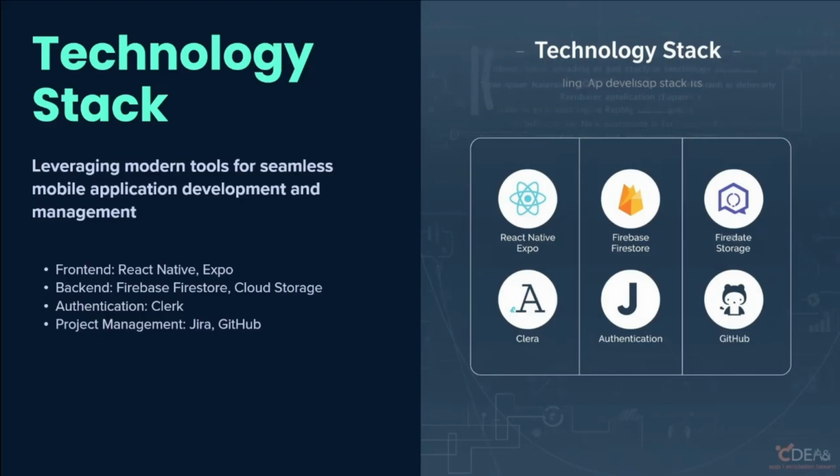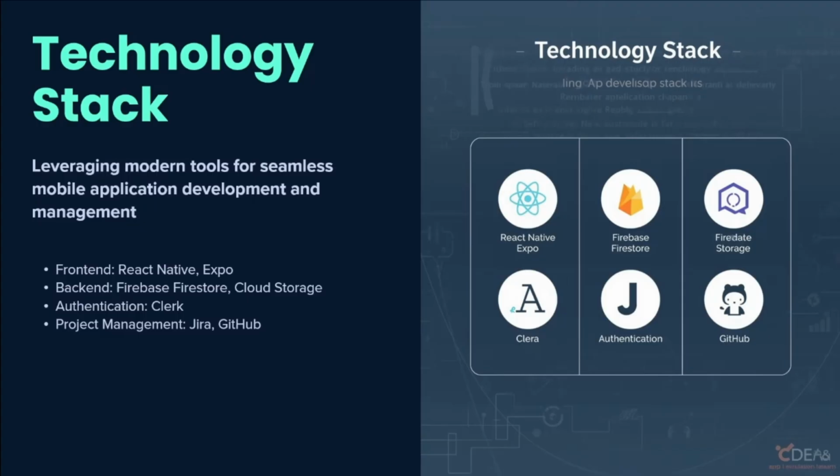Instead, you implement your code in one place and it will run on both operating systems. It has a large and active developer community. It provides strong documentation and support, and it accelerates development with ready-to-use tools. React Native Expo has a lot of libraries that are very helpful, and personally, they helped me a lot during this project.